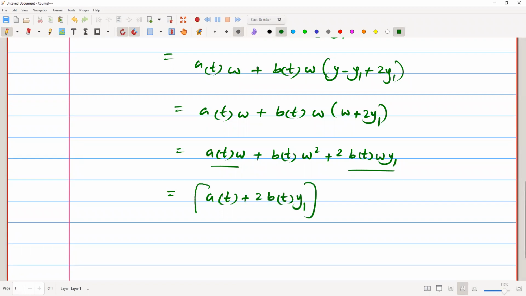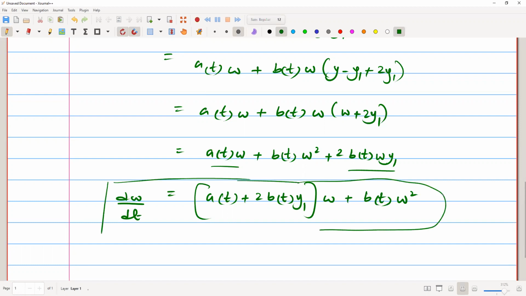This whole function is basically a function of t because y1 is known. And then we have plus b of t times w squared, and on the left we have dw over dt. So now we can see that this equation is simply a kind of Bernoulli's equation, and then we can proceed to solve this equation, right?